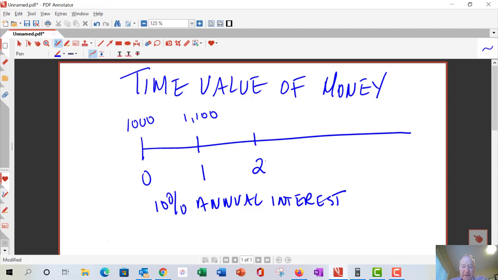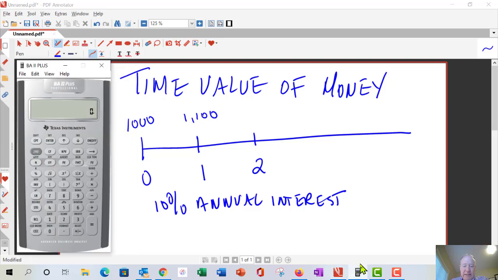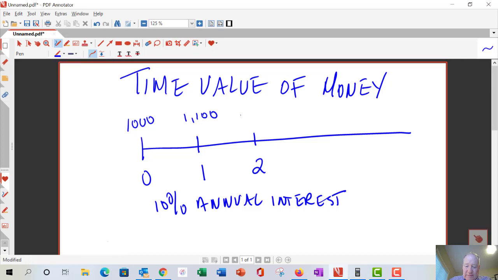So we get to the end of the second year. Again, the full $1,100 is sitting in the account. And so how much money are we going to have at that point? Well, we now have $1,100, and we're going to end up with $1,210.